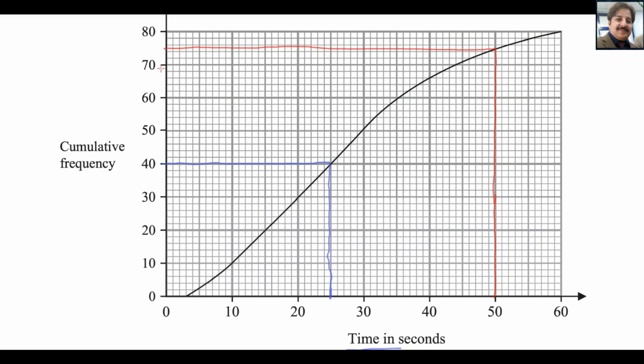From 70 to 80 there are 5 small squares, so one small square is 2, then 72, then 74, 76, so this will be around 75. So this line meets at 75.